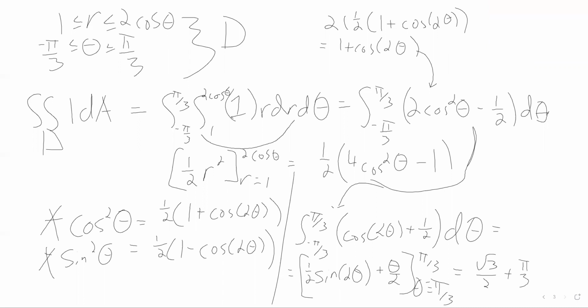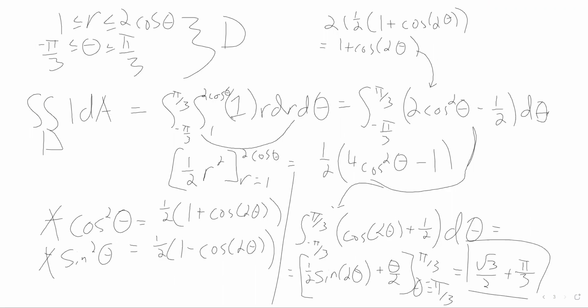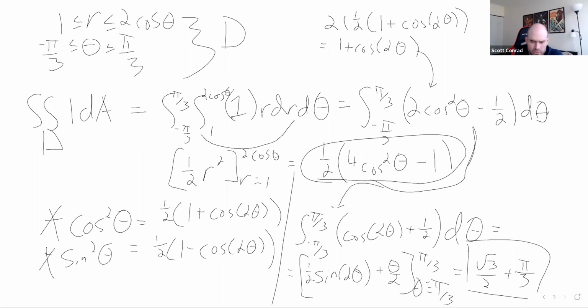Okay, Professor, I just got really confused. How did we go from the 1/2 times 4 cosine squared theta minus 1 back up to that arrow and then come back down? What happened right there? Oh, so this here is our inner integral. Do you get how we got there? Right.